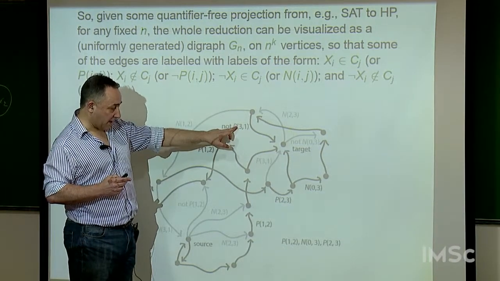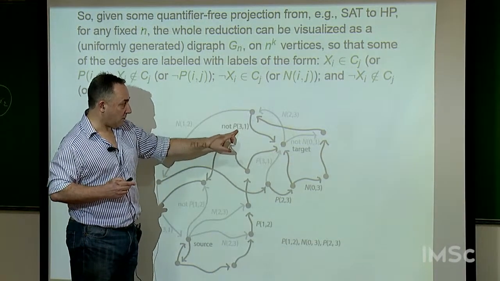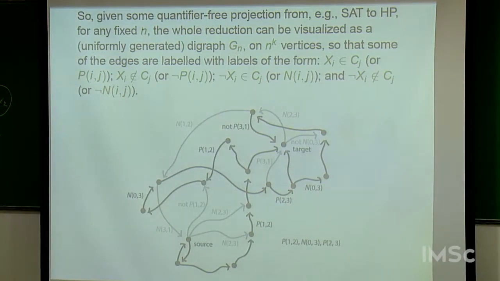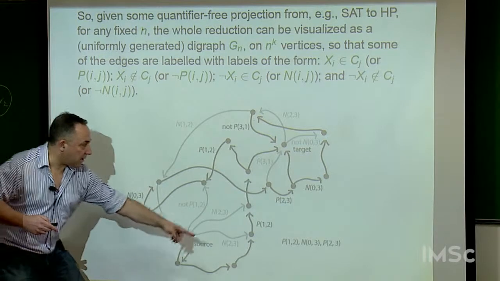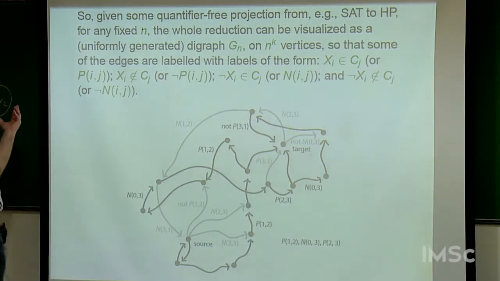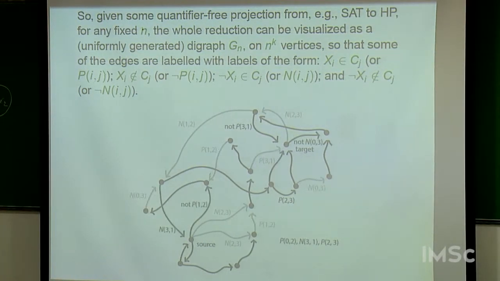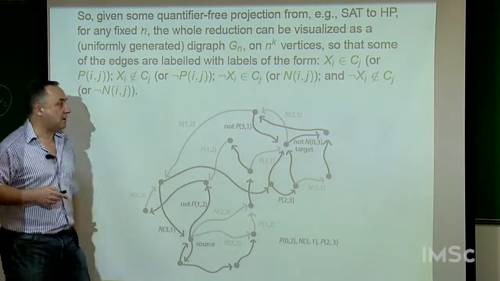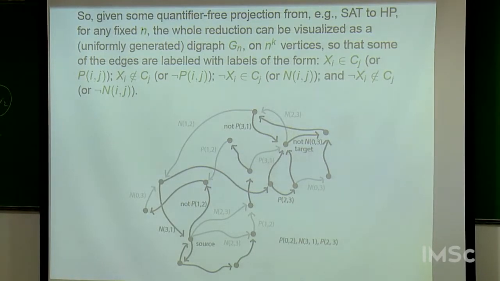This edge would exist because the label is true, because P31 isn't in the relation, and so forth. So you plug it in, and you have a look, and yes, there is a Hamiltonian path. So your instance of satisfiability must be a yes instance. Here's a situation where when you plug everything in, you've got no path from the source to the target, so the instance of satisfiability is a no instance.